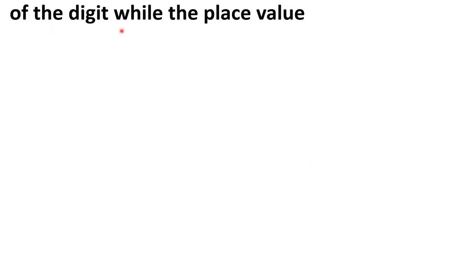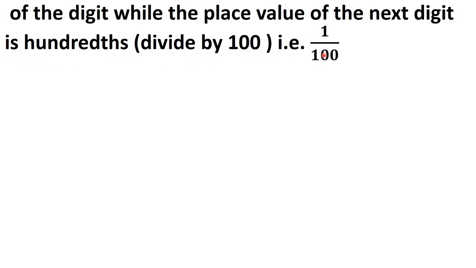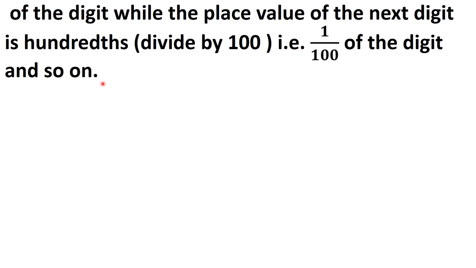The place value of the next digit is hundredths, that is divide by 100, or we can write it as 1 upon 100 of the digit, and so on. The next place is called the thousandths place, and we write it as 1 upon 1000.